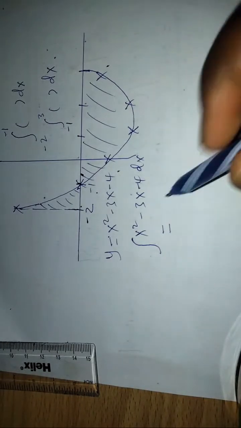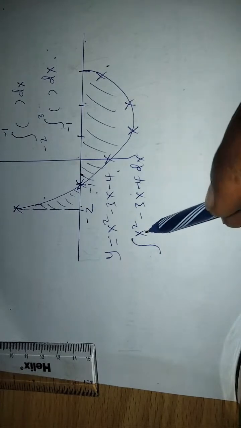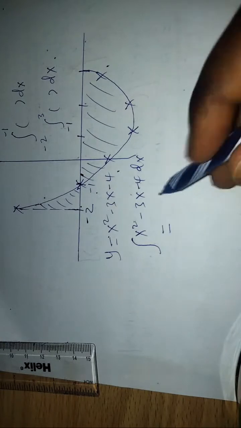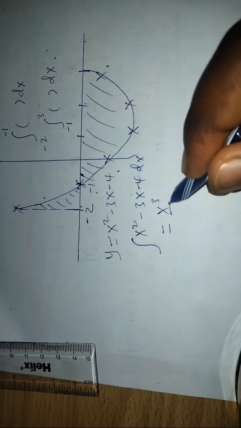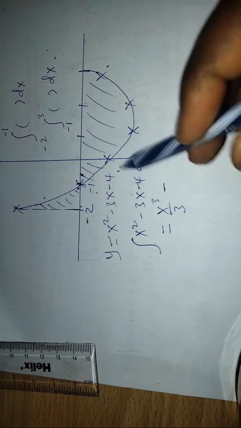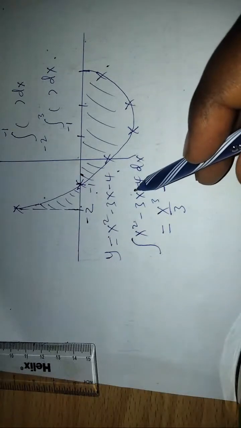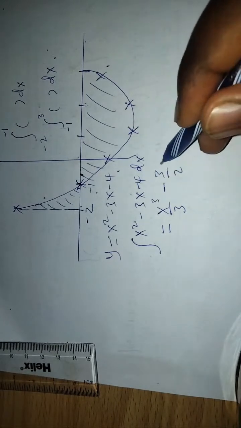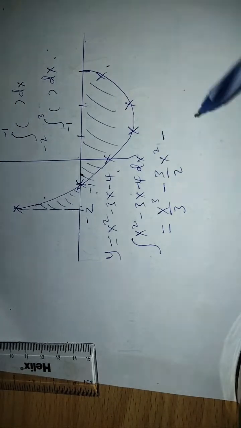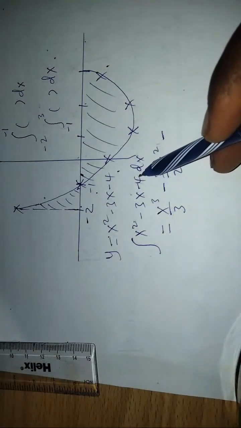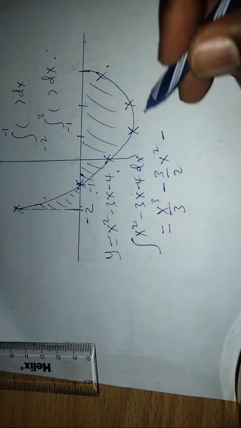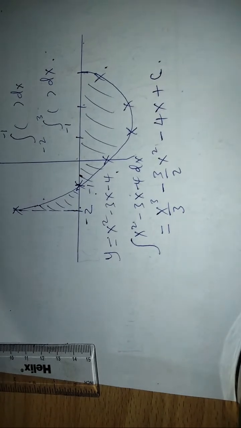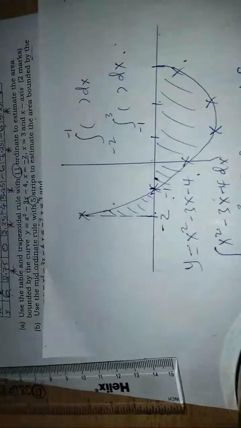This is going to give us, we will have the power increasing to 3, then we divide by 3, so it will be x cubed over 3 minus, the power is already 1, so it increases to power 2, and we divide, so 3 over 2 x squared minus, we will have x, which is to power 0, increasing to power 1, so 4x. Then we add a constant of integration. So we can begin the first integration.